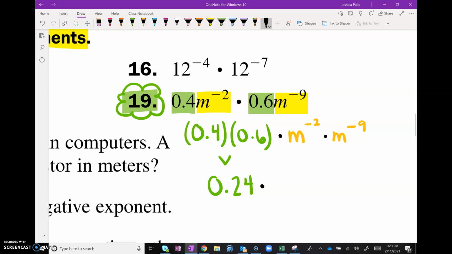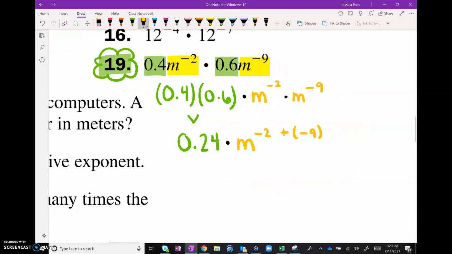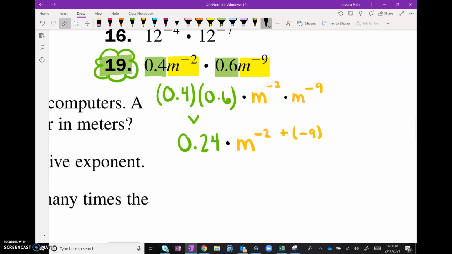You can use the product of powers property here. Add those exponents together. M to the negative 2 plus negative 9. Not done. 0.24 times m to the negative 11th power.